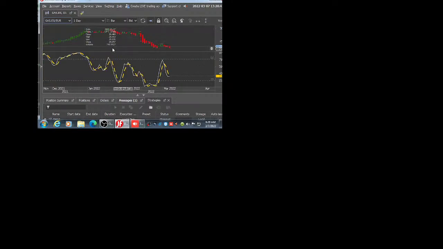Where's it at? There it is, right there. Trading in the 23 area again. I guess it's trading at 22ish and change. The high was 23. The low was 22.02. So you can see it's red, moving down. So we're seeing that the natural gas is not panicking too much there.